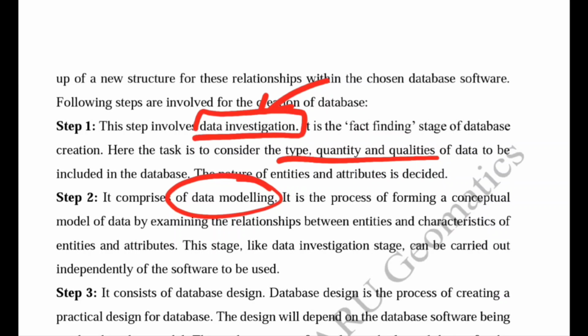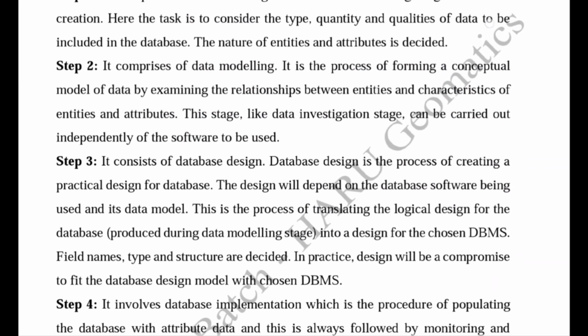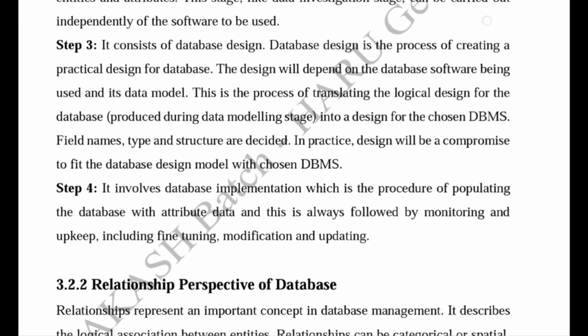After that, the second step is data modeling, in which we find the actual relationship between the entities and characteristics, meaning spatial and non-spatial data, and what the relationship is between each other. After that, the third step is database design, meaning to store that huge amount of data, we design a database which depends on the chosen DBMS, because for monitoring and controlling the database we require a DBMS, and there are many types of DBMS, so it depends on the chosen DBMS what type we will need. The last step, the fourth step, is database implementation.